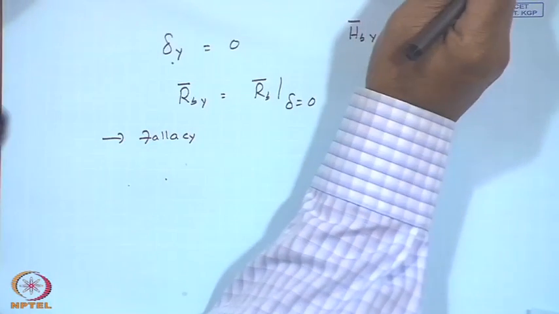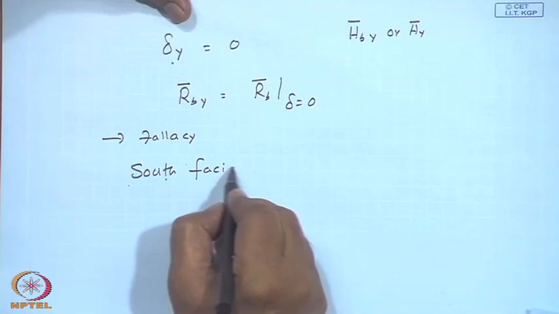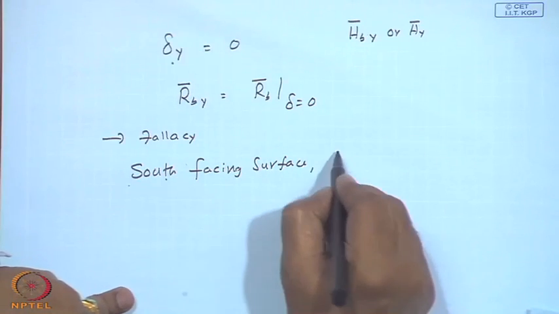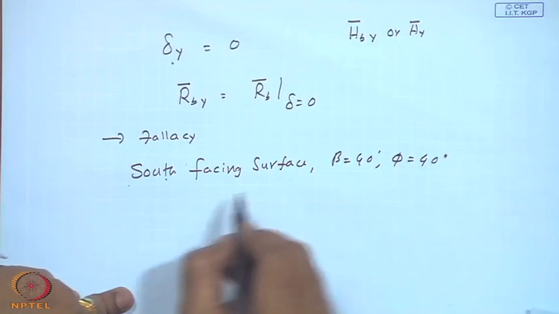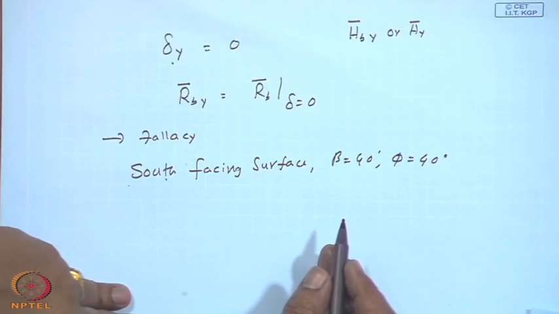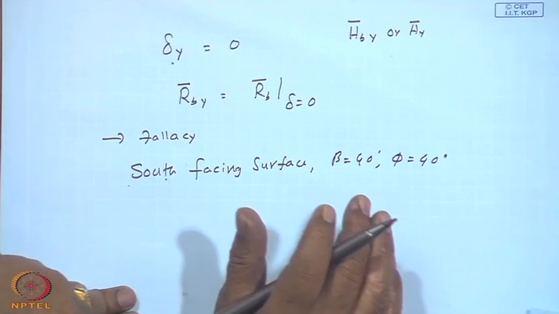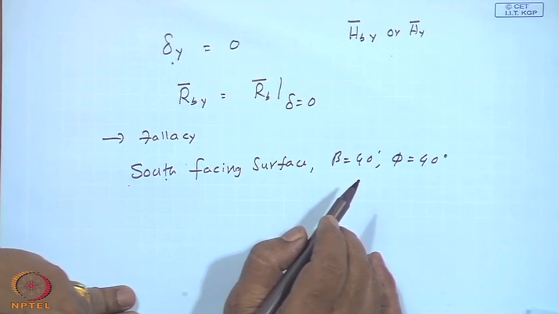What do you expect for a simple south-facing surface, and some beta, 40 degrees, latitude 40 degrees, or you can have anything, does not matter. I do not want to go beyond 66 or less than 23, but any mid-range latitude and the corresponding slope. Can you expect the number of sunshine hours will be more than 12 into 365 or less than 12 into 365 for the tilted surface?